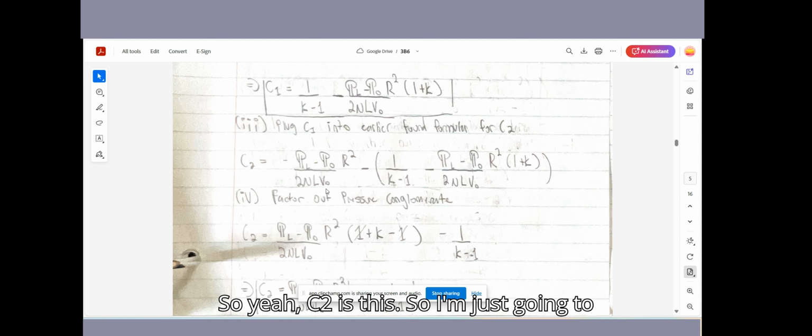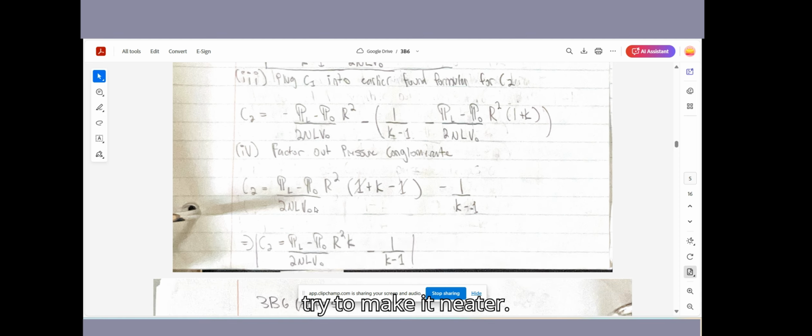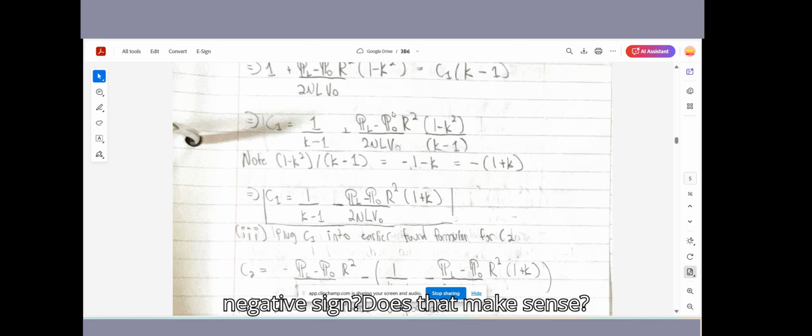So yeah, C2 is this. I'm just going to try to make it neater, so I'm going to factor out this pressure conglomerate, which I call it. There's the negative 1 from here, because this is a negative sign. Does that make sense?